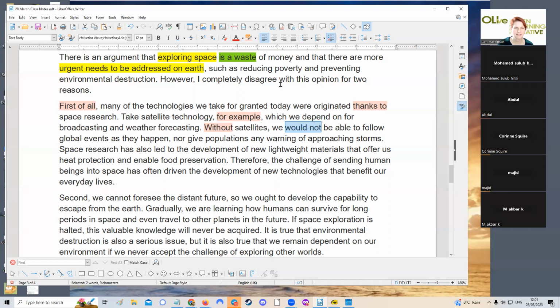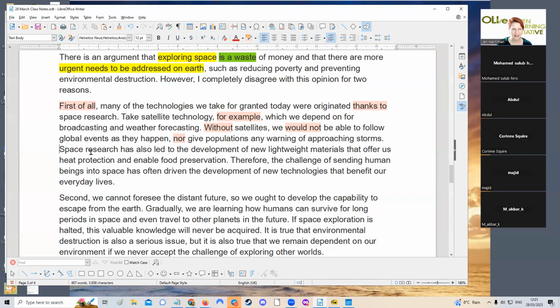Without, we would not. Nor give populations, ooh, there's a contrast one we forgot, isn't it? Nor give populations any warning of approaching storms. So really good technologies that we take for granted. And here's our examples. One example is satellite.